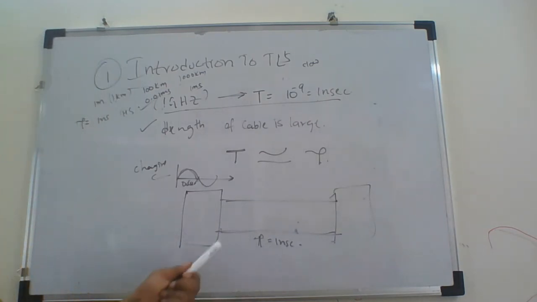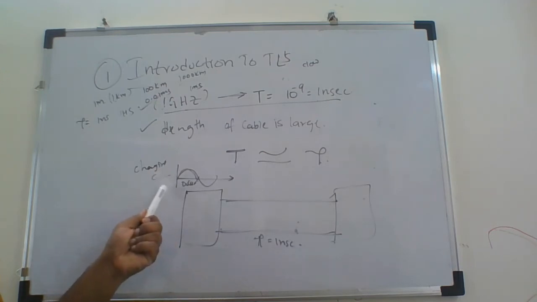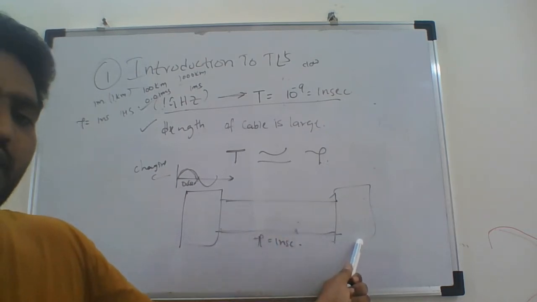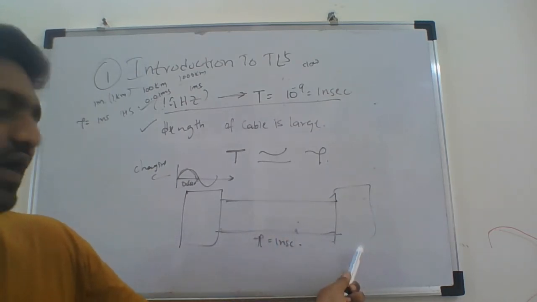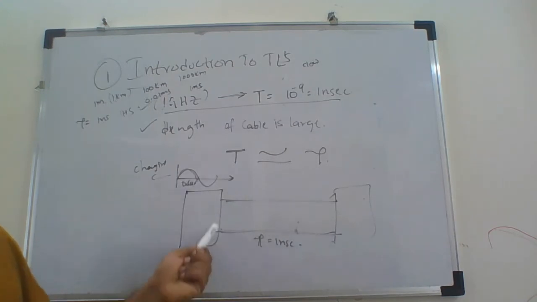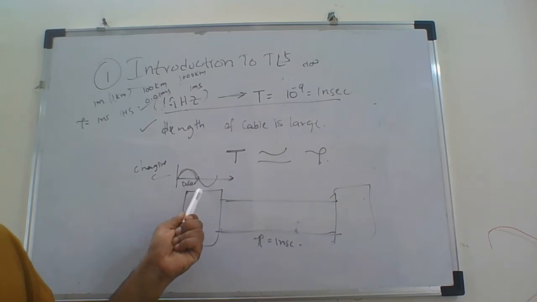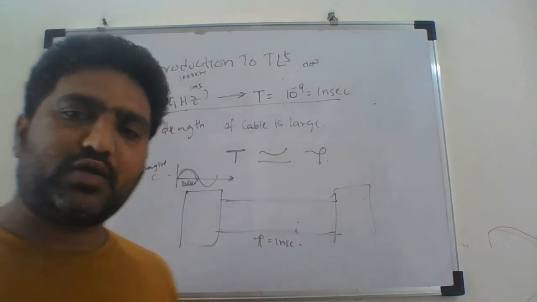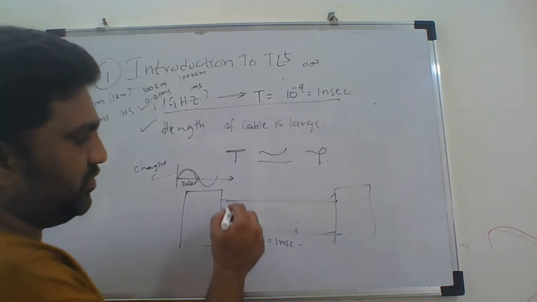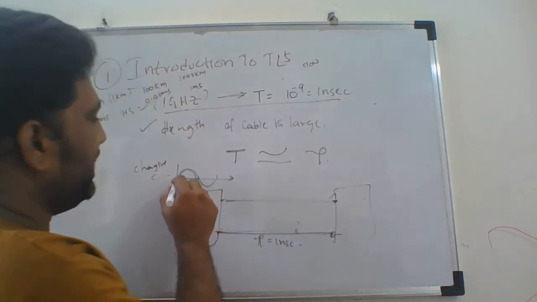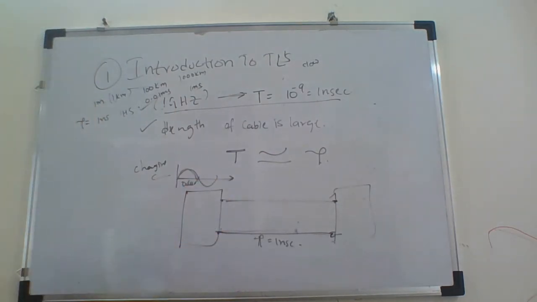In that case, if the signal takes 1 nanosecond to reach from here to here, in the meanwhile the signal that you are giving at the input of the transmission line has changed by one full cycle. So what we mean to say is, before the signal gets propagated from here to here, the input is changing very rapidly.